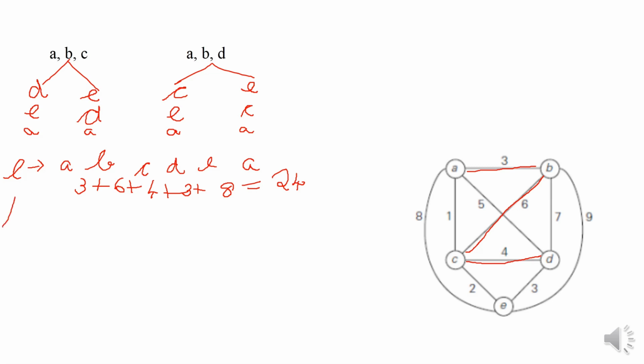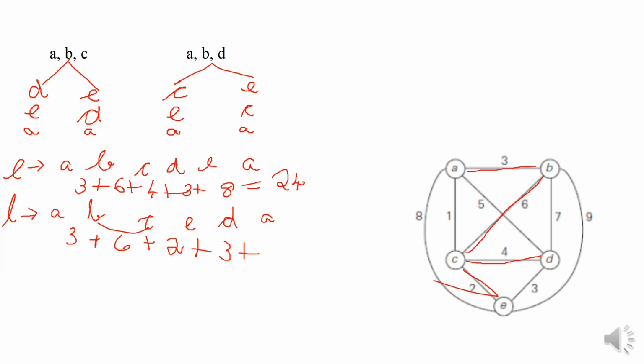Similarly, the length of the tour, if we go in the order, that is A, B, C, E, then D and ends with A. Then in this case, from A to B, the length of the edge is 3, then B to C is 6 plus C to E, so C to E is 2 plus E to D is 3 and then D to A, that is 5.